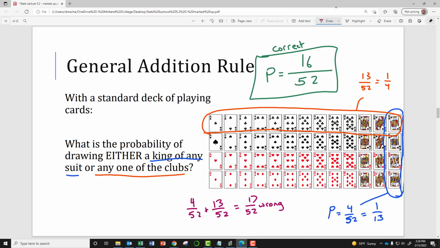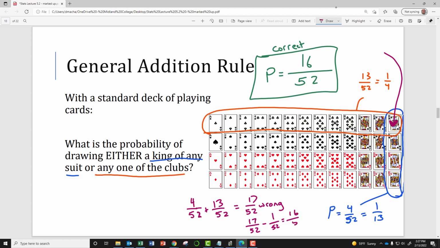The reason that this is wrong is because we can't use that addition rule for disjoint events if my events are not disjoint. And in fact these are not disjoint because I have one king that is shared between my 2 events, right? A king of any suit or any one of the clubs, they share one card in common, and that's the king of clubs. So if I actually want to get this right, I have to take that 17 out of 52 and then subtract 1 out of 52, where that 1 out of 52 refers to that one card that belongs to both of my events.